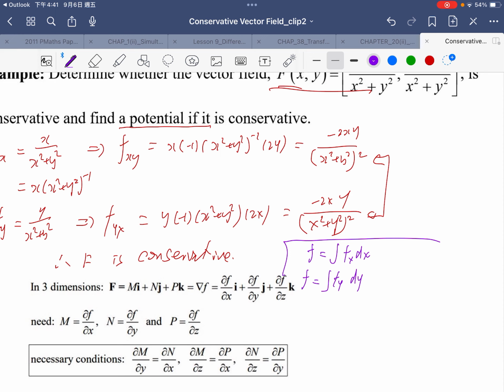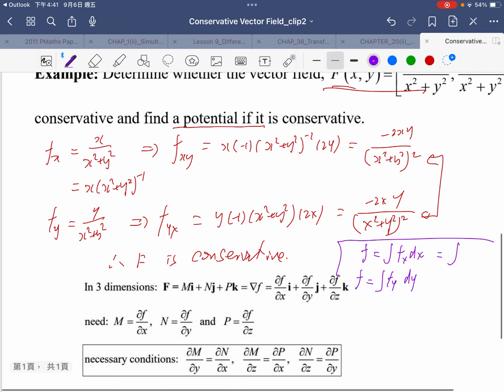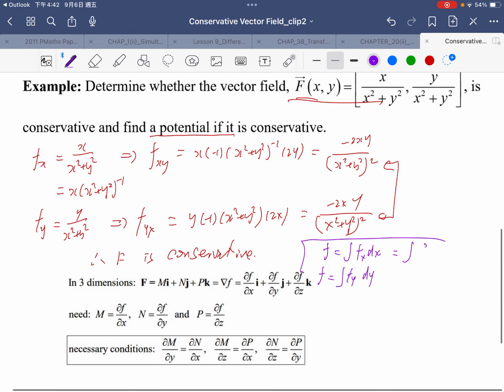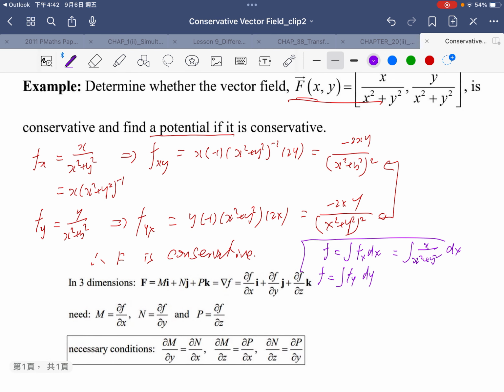After integrating this function, we get 1/2 log of x squared plus y squared plus a constant, which is not a constant but a function of y.